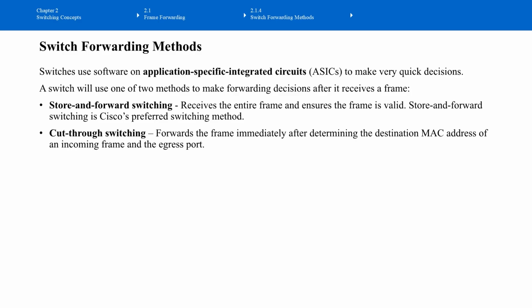The other method is cut-through switching. It forwards the frame immediately after determining the destination MAC address of an incoming frame and the egress port. This method is faster and requires less overhead because it uses less CPU resource. It doesn't need to process the whole frame information.